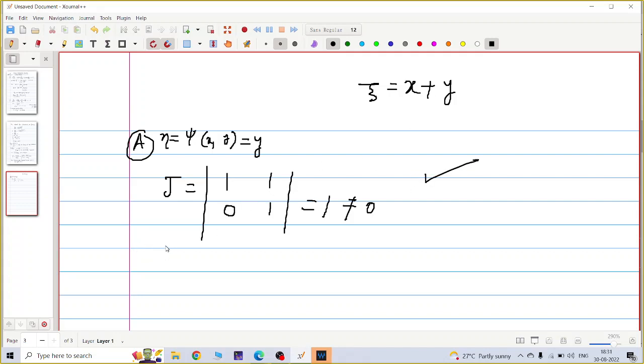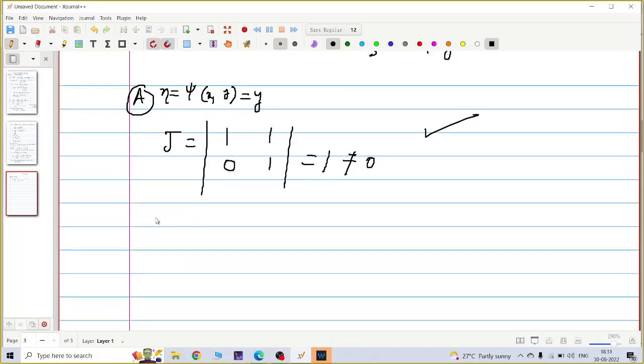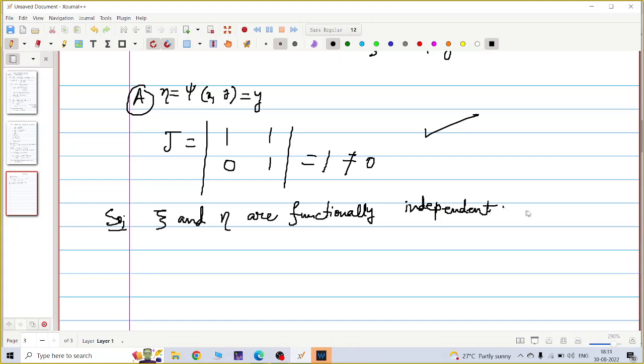Because xi and psi, let me write one line just. My xi and psi are functionally independent. So option A is correct.